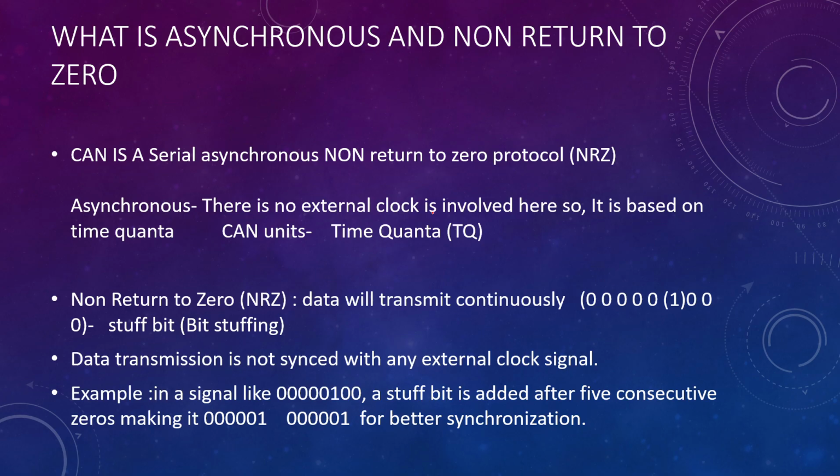So we can't follow a time signal. If you don't know when it will be completed, you don't follow the clock signal. So asynchronous is nothing but not following the clock signal.